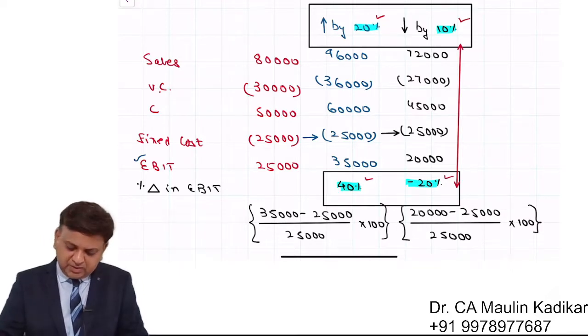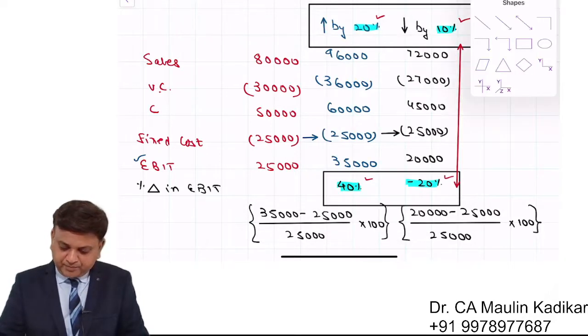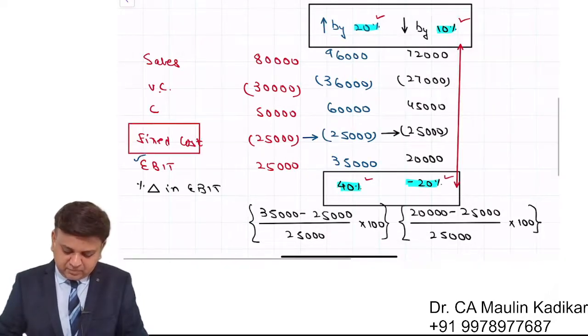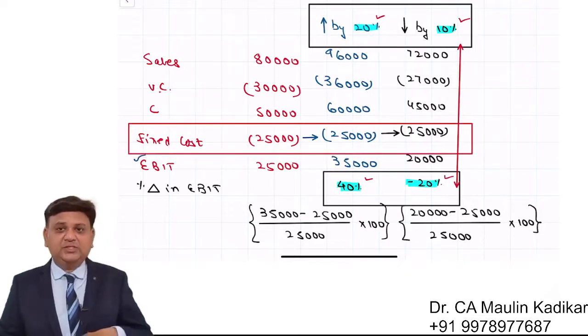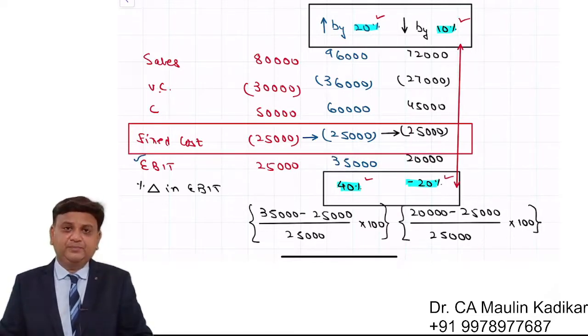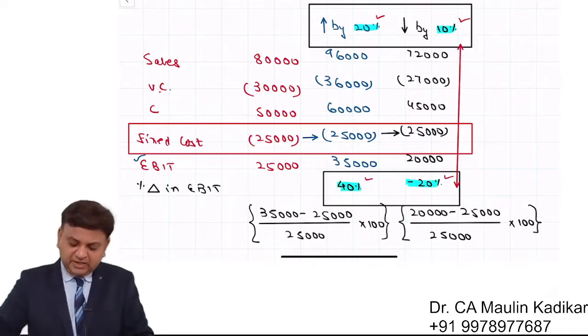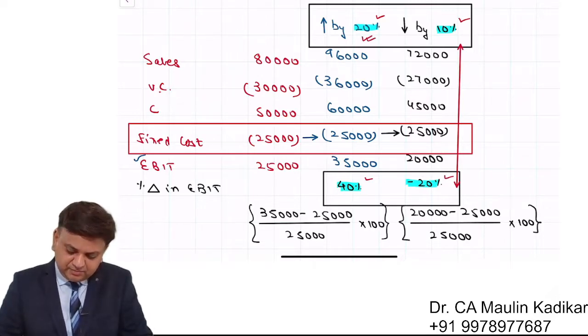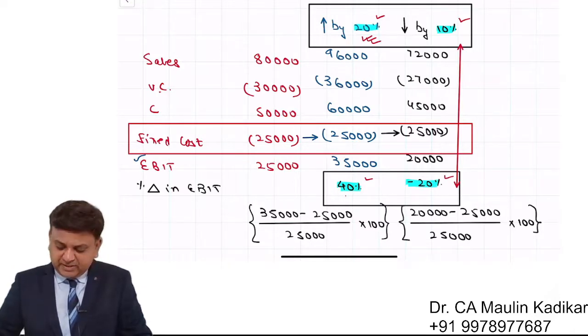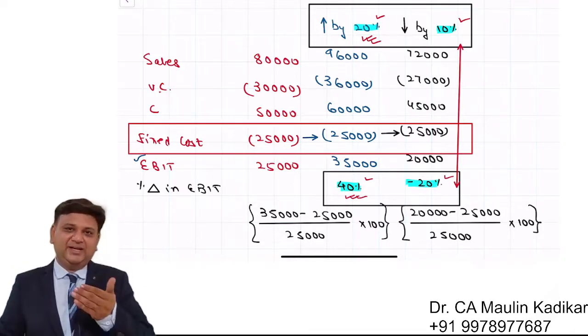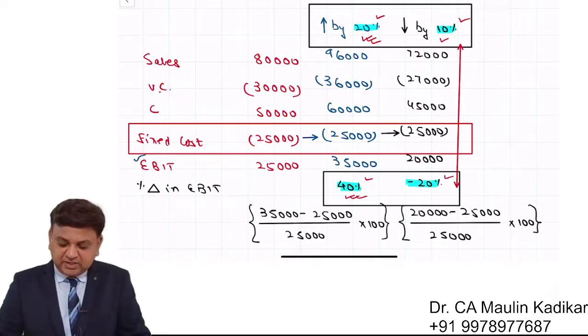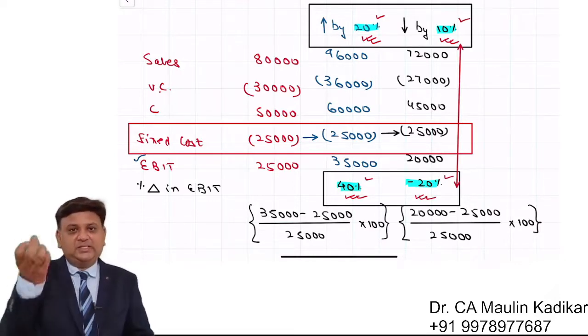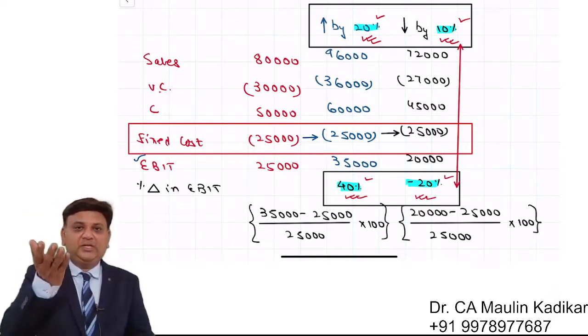We understand that it happens like this because of the total fixed cost. As far as the total fixed cost is concerned, it is going to remain the same. That is the reason that when there is an increase in the revenue, operating income increases, however it increases at a higher rate. And when there is a reduction in the revenue, operating income reduces, however it reduces at a higher rate. Because with the increase in the sales, fixed cost does not increase.